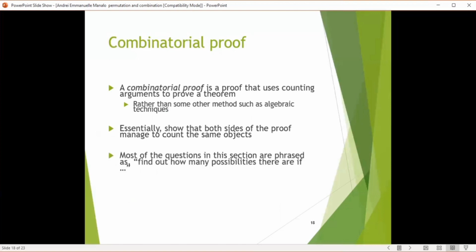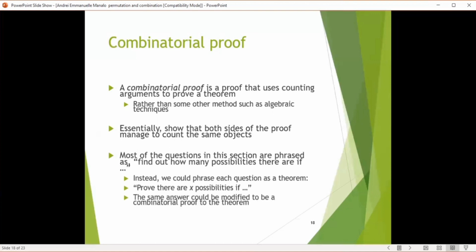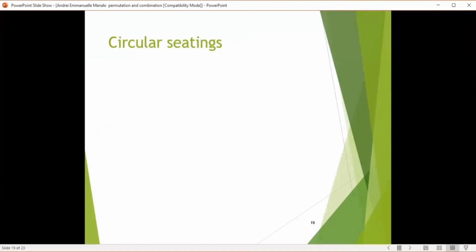Most of the questions in this section are phrased as: find out how many possibilities there are if. Instead, we could phrase each question as a theorem: prove there are X possibilities if. The same answer could be modified to be a combinatorial proof of the theorem.